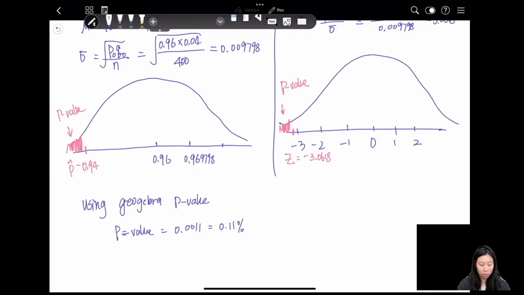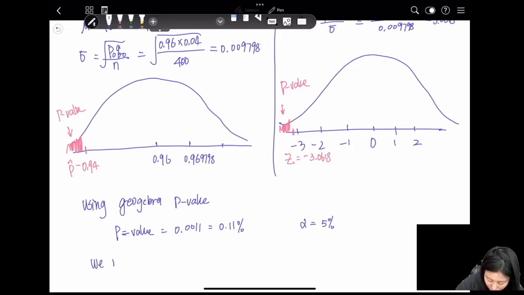So our alpha, by default, alpha is equal to 5%, right? So 0.11% is definitely less than our alpha. That means the p-value is small. We need to reject our null hypothesis.